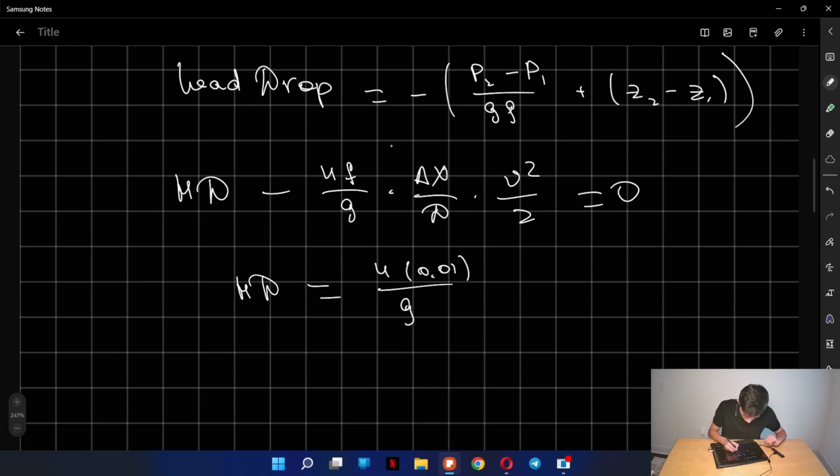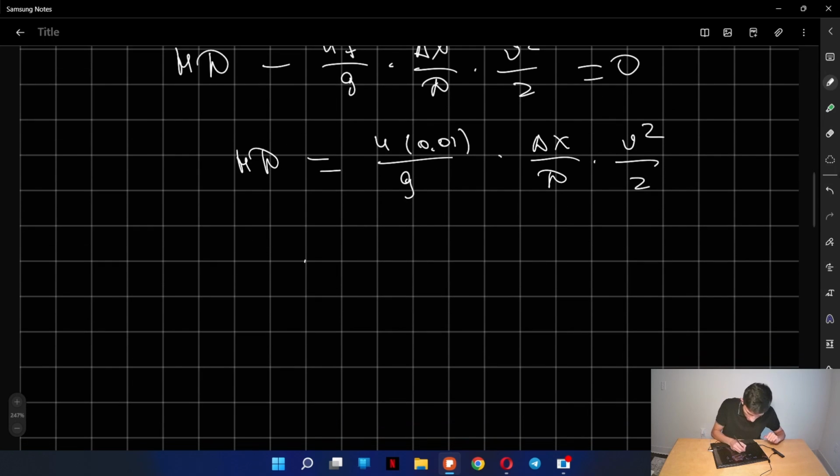Over d times g times delta x over d times velocity squared over 2, right? So then our velocity is going to be equal to head drop times g times d.